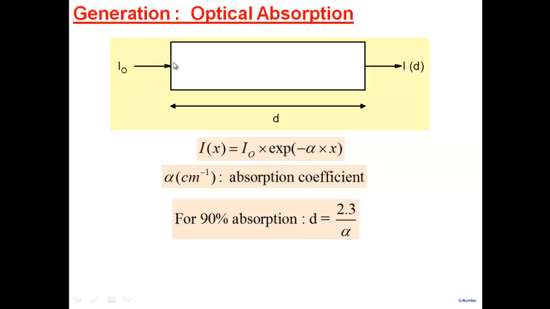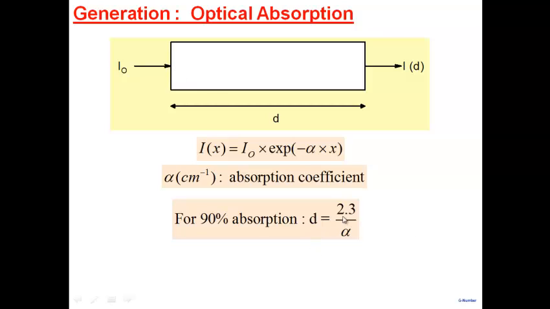The refractive index of air is 1 and the refractive index of the semiconductor is something else, so there will always be a reflection component. I'm not talking about that. I naught is the intensity at x equal to 0 plus, which means just inside the semiconductor. So keep that in mind.